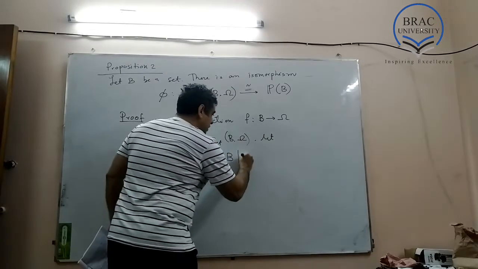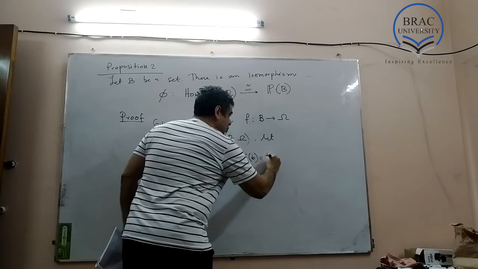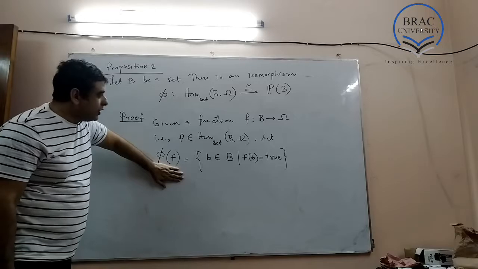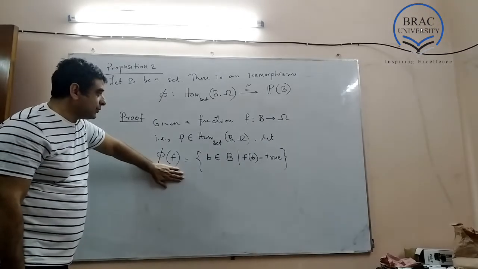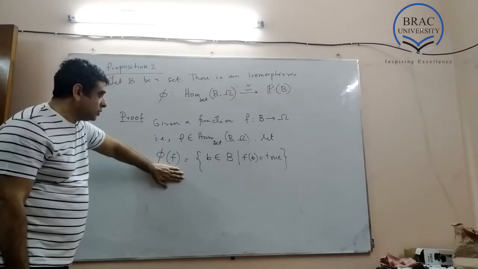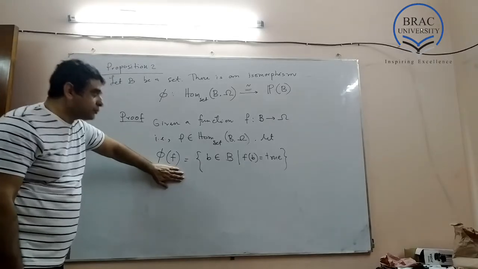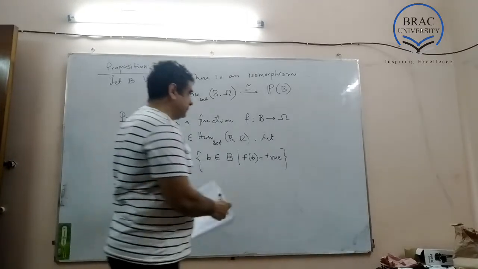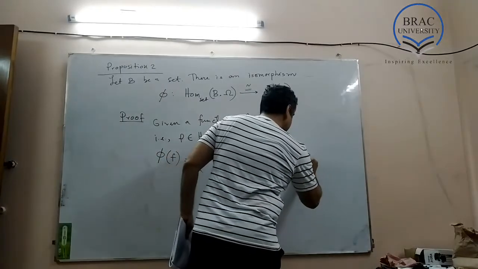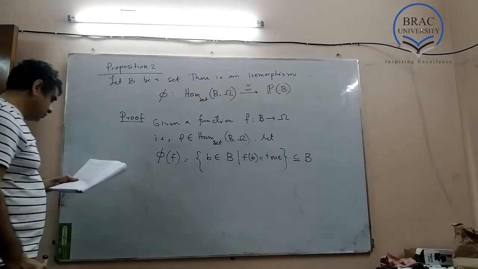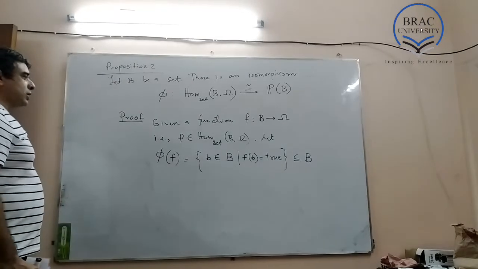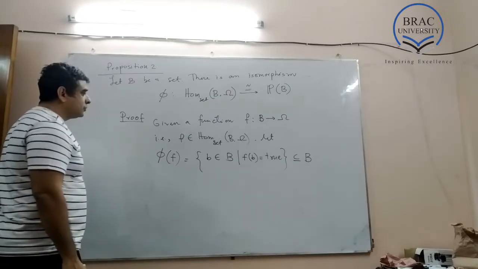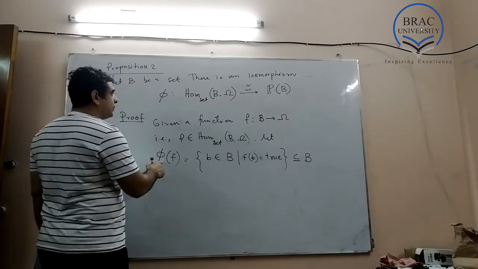Okay? f of b is equal to true. So what is phi of f? We can see immediately that this is a subset of the original set B, by construction. So this is the definition of this function phi.